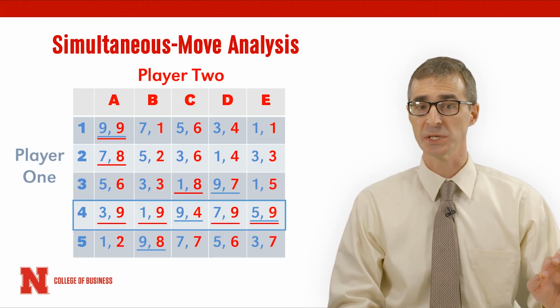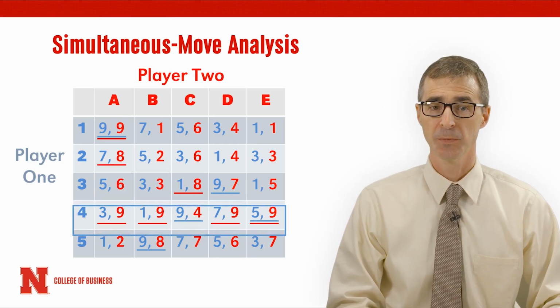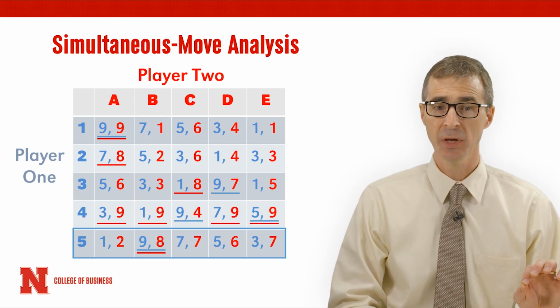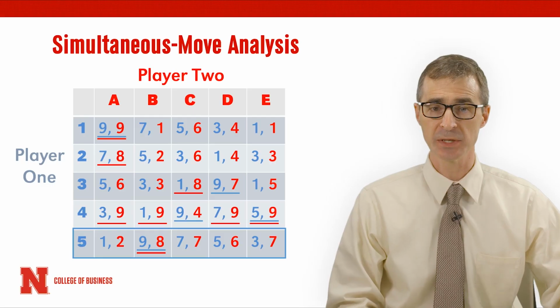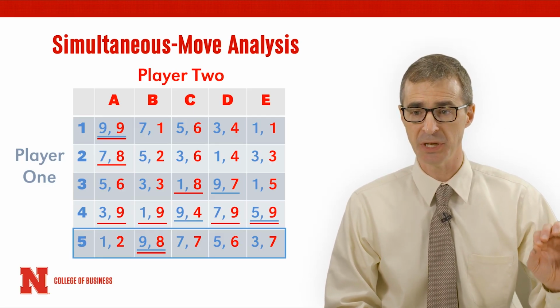All of those choices lead to a payoff of 9 for player 2. And lastly, if player 1 is choosing strategy 5, player 2's possible outcomes are payoffs of 2, 8, 7, 6, and 7. 8 is the highest payoff associated with strategy B.